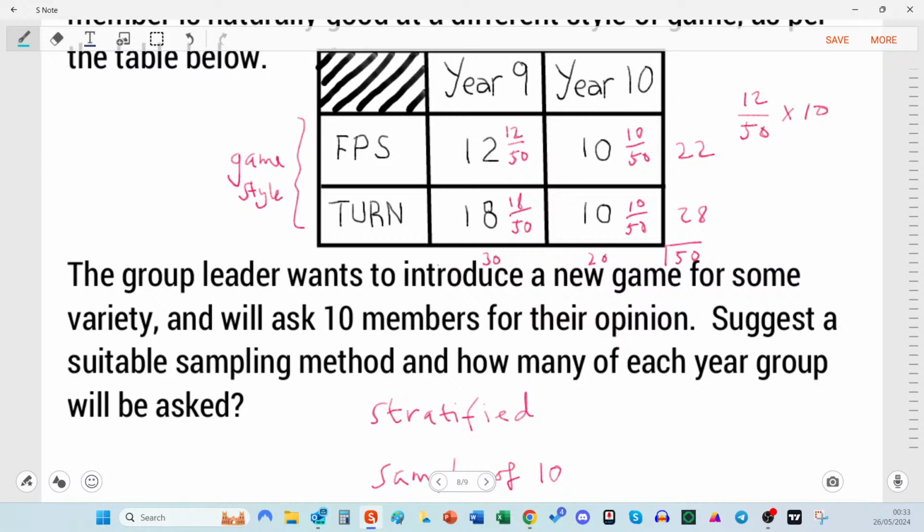So seeing how that's going to work out, 12 over 50, and if we had a sample of 10, we're picking 2.4 people from here. But you can't pick 2.4. We're going to round it to the nearest whole. So we're going to pick 2 people from year 9 on FPS.